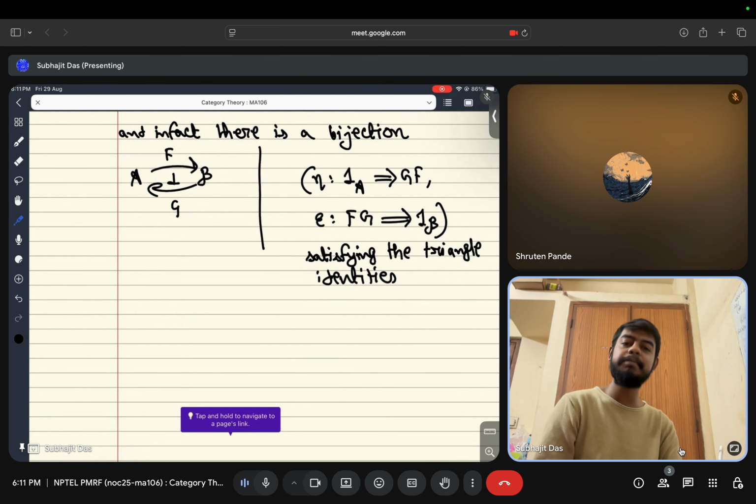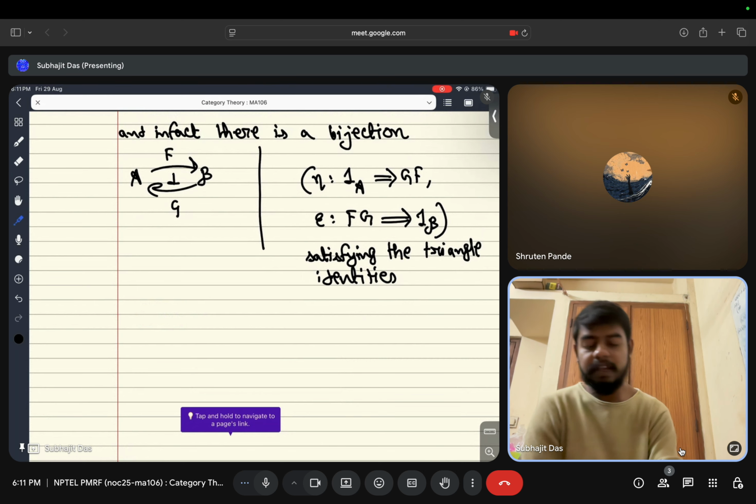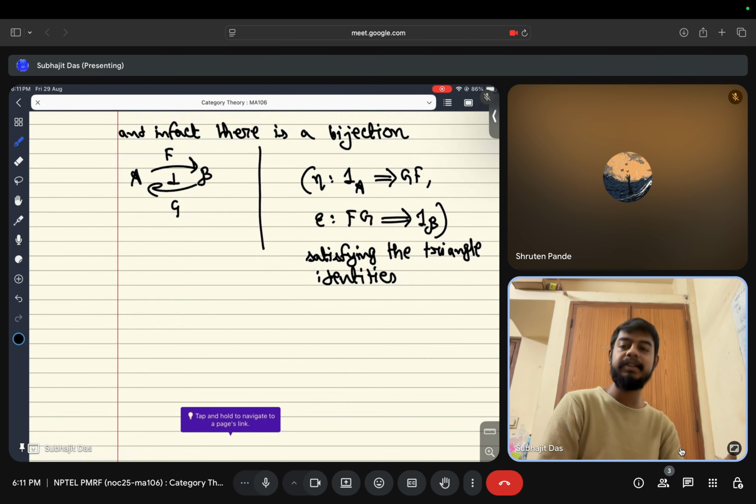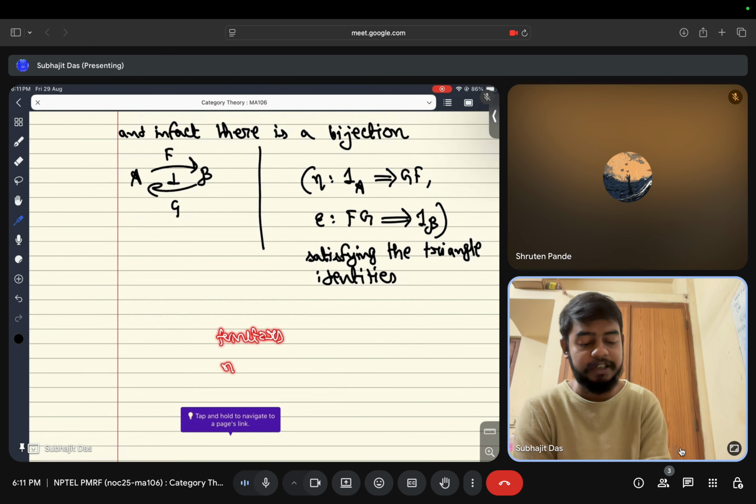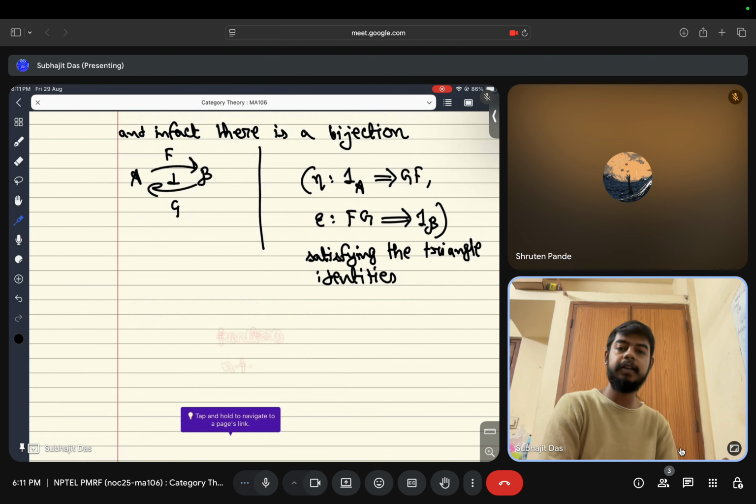This is something called a two categorical notion, and you have already seen an example of a two category. For instance, Cat itself is a two category. The objects are categories, the one dimensional arrows are functors of categories, and the two dimensional arrows are natural transformations. So this is an example of a two category.